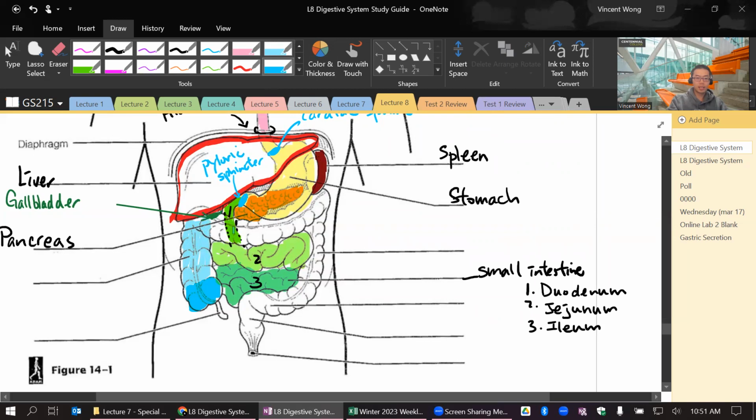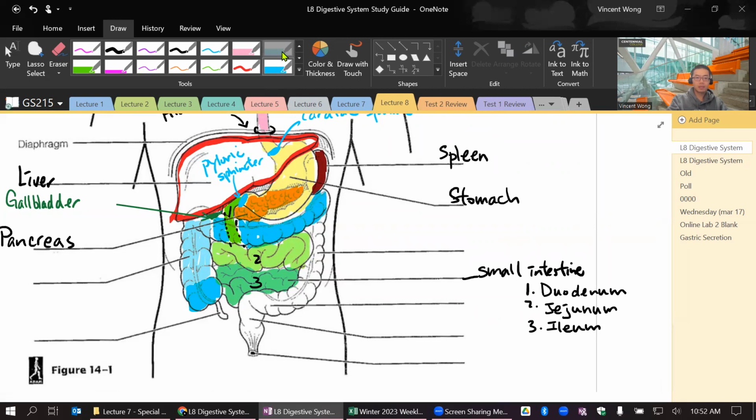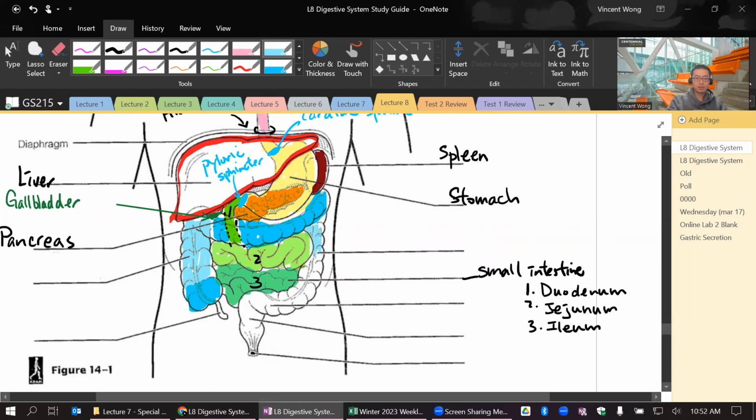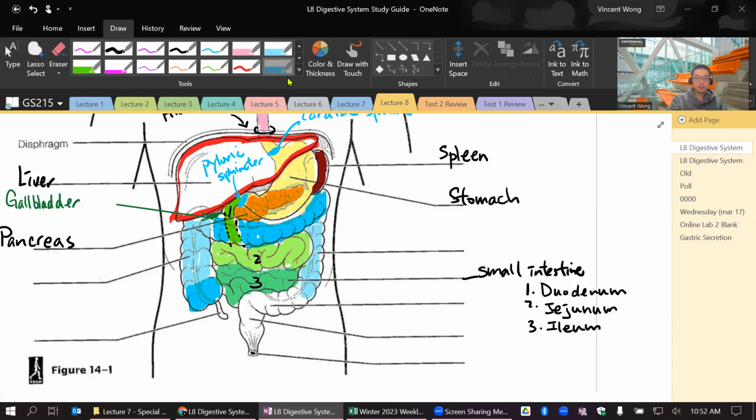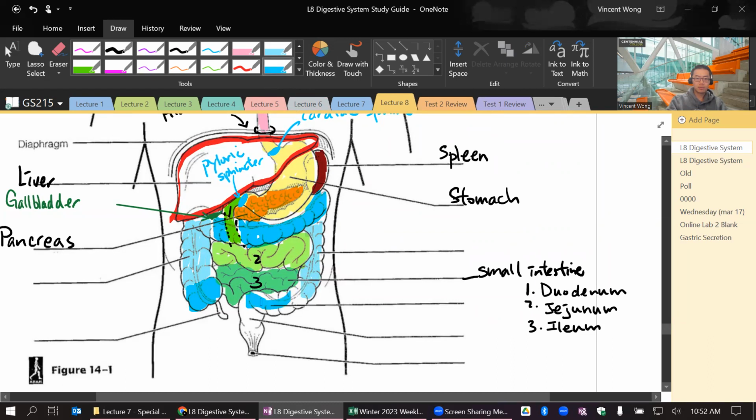I'm gonna alternate the colors as they change names, okay? There we go. There's a little bit of dangling thing right here.